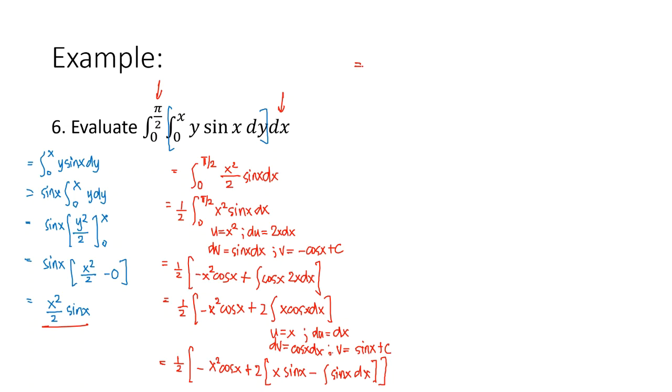So what we have left here is 1/2 outside negative x squared cos x plus 2x sine x minus integral of sine x, which is negative cos x, so this will become plus 2 cos x.